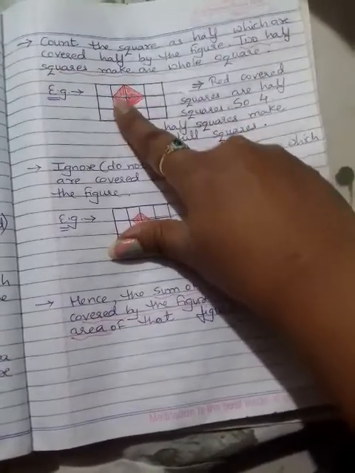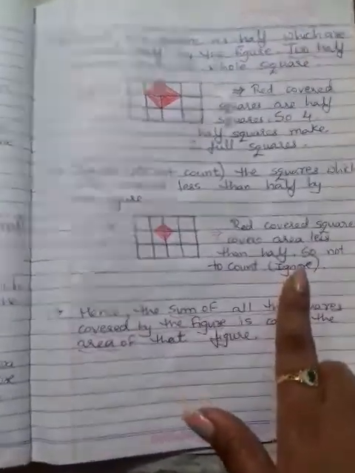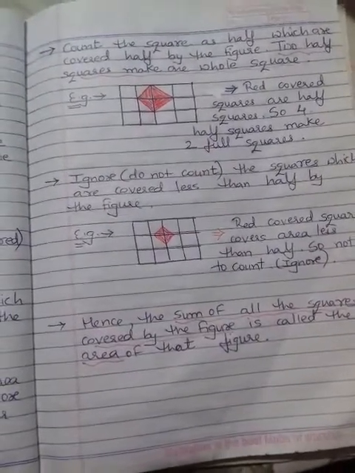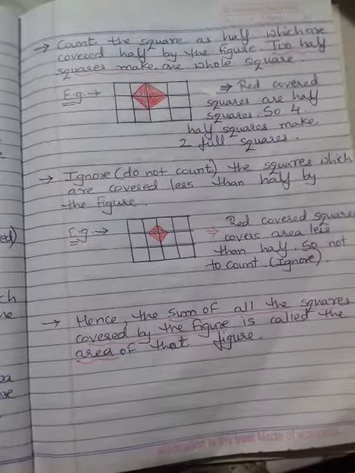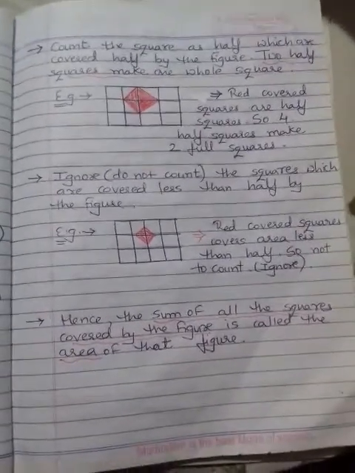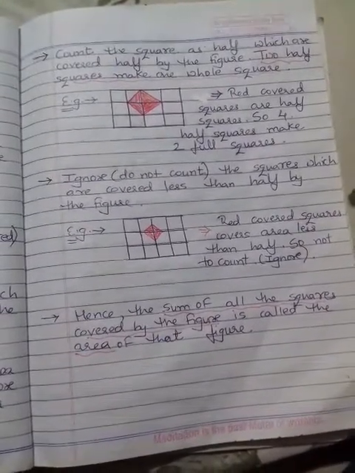So these squares are half covered with red ink. There are a total of 4 half squares covered with red ink. That means you have how many full squares? 2 full squares.